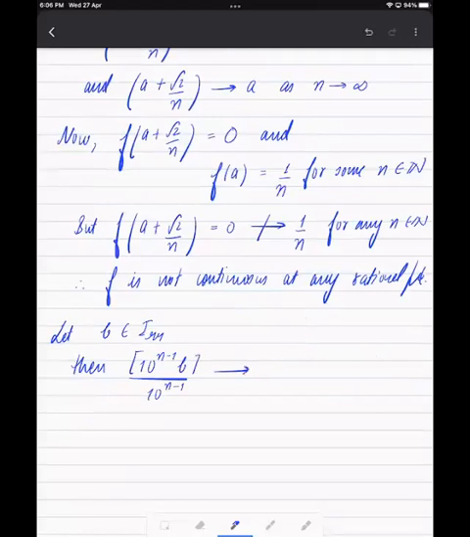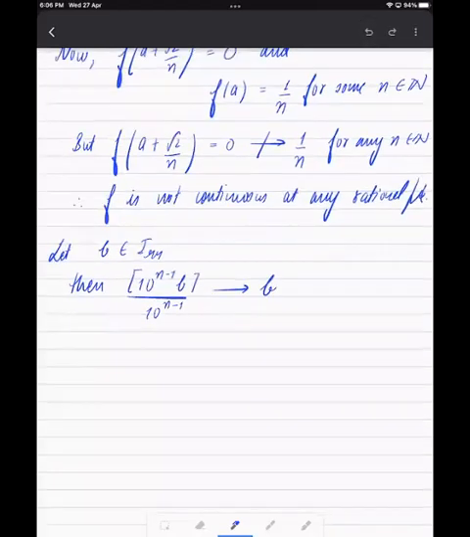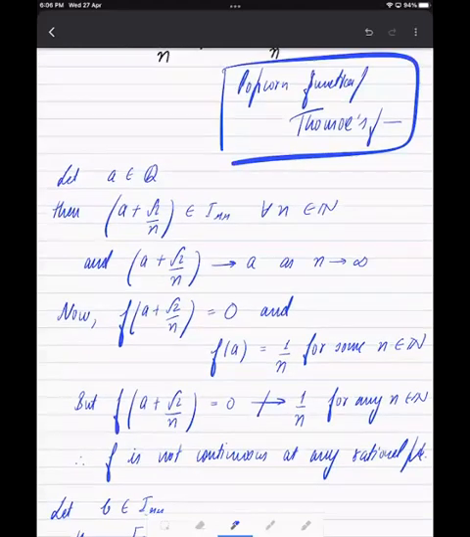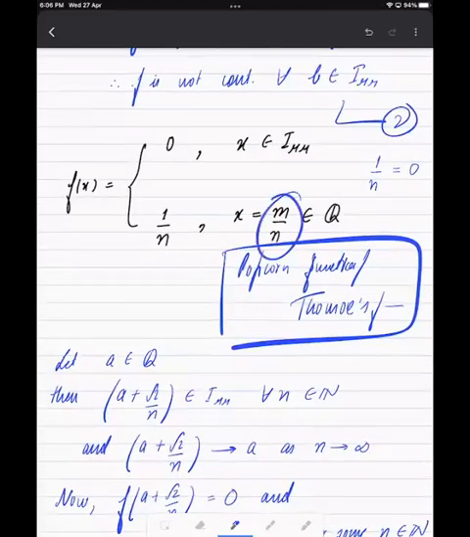This converges to B. This is all the rationals and this is all the irrationals, but then this belongs to this. And see, here is the problem. You can't tell me the value of this. For you, what would be the value? I know the value for m by n: it is 1 by n.